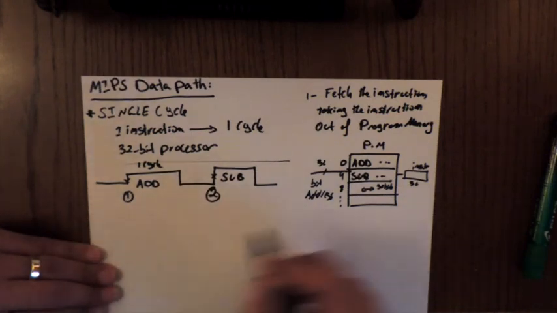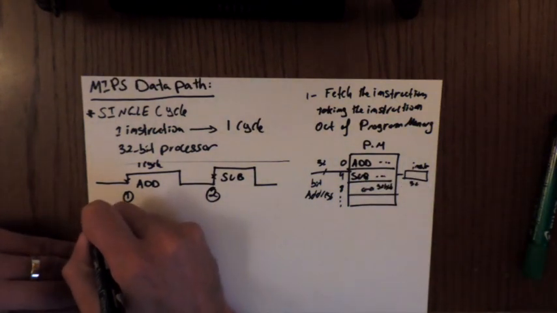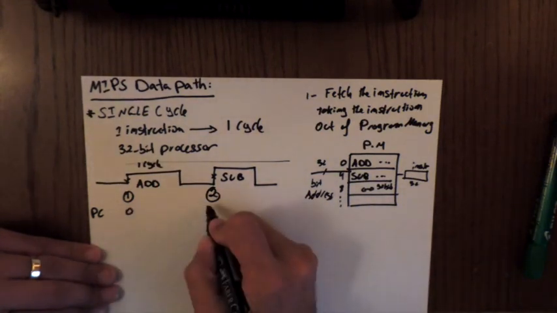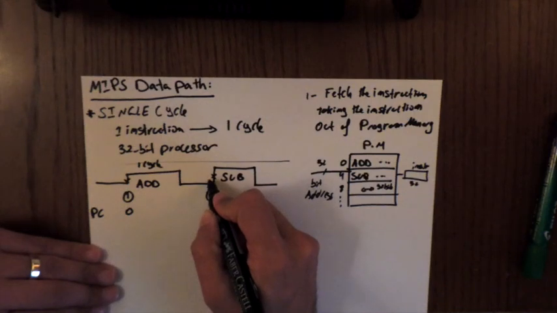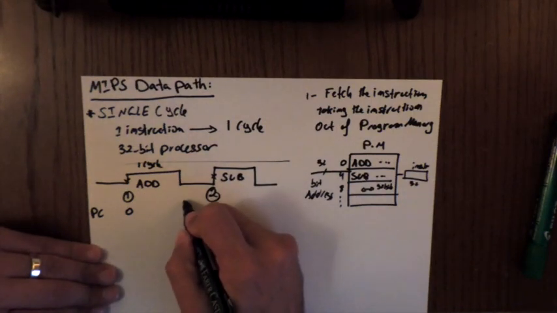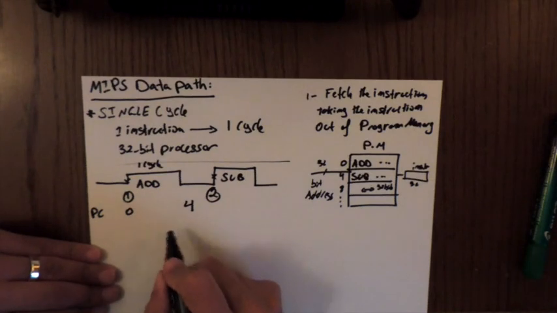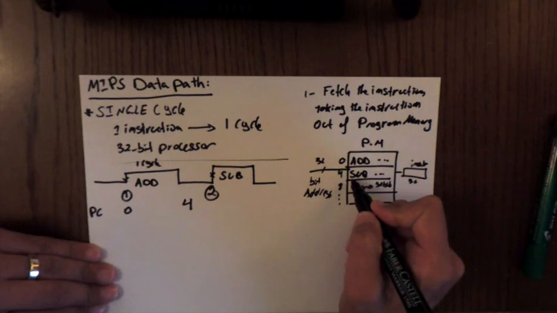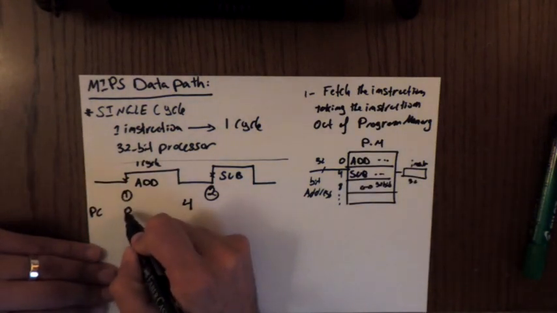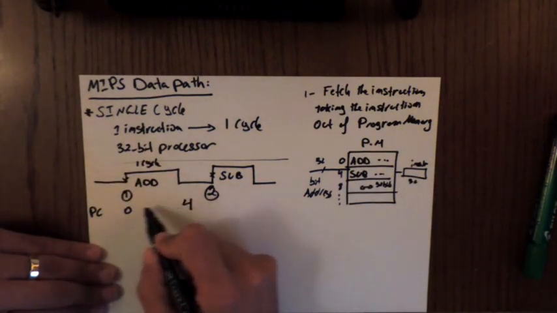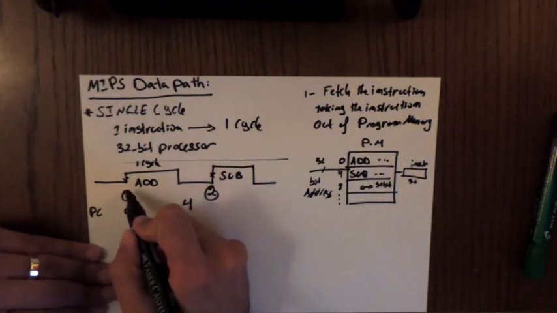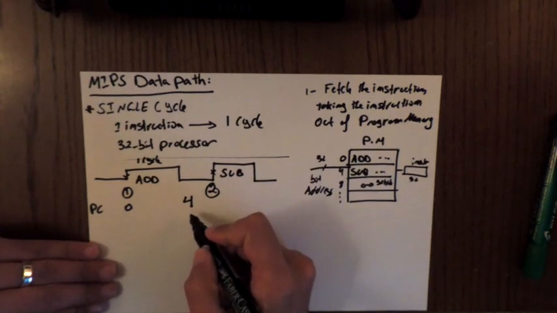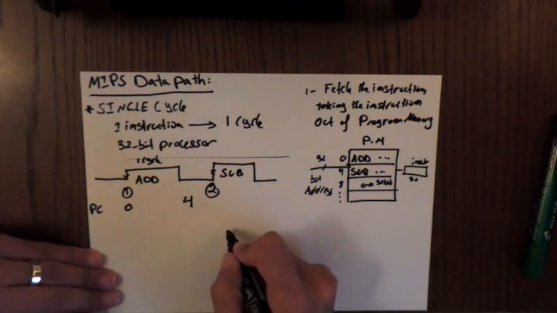Okay, so the program counter PC should be 0 here, and then before actually reaching sub it should be 4, so that at the next cycle the PC is already pointing to the next instruction. So we already started with 0, 0 is fetched. Then somewhere between 1 and 2 we increase PC by 4.